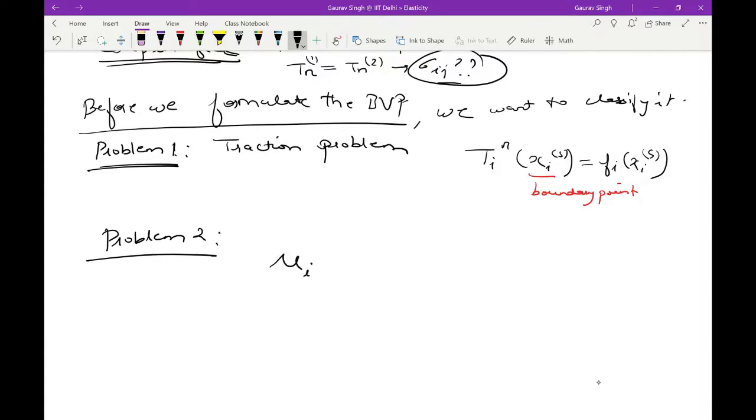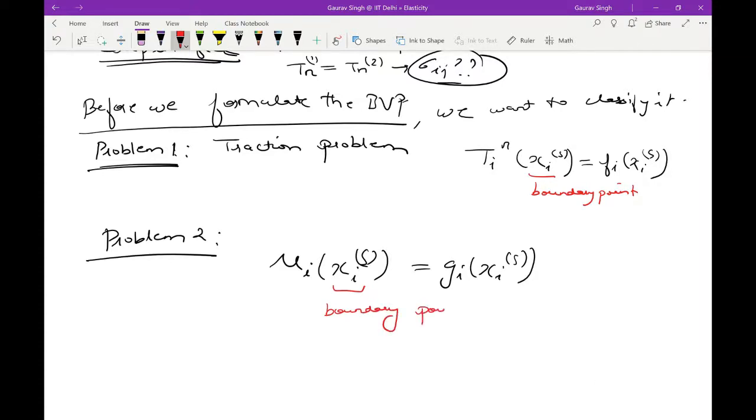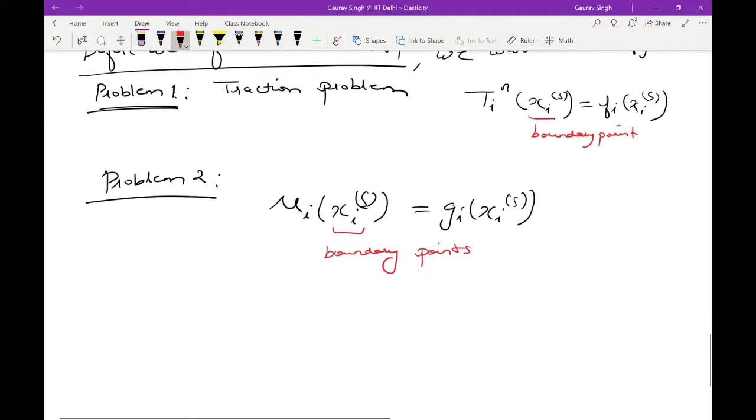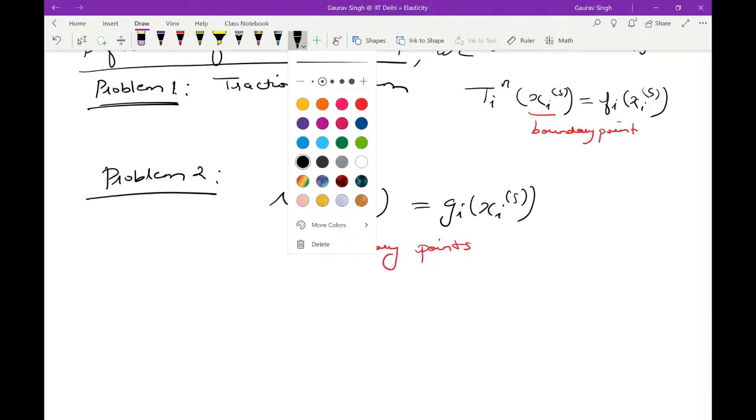So this time you will have the displacements specified over the surface of the body. Then you have the mixed.